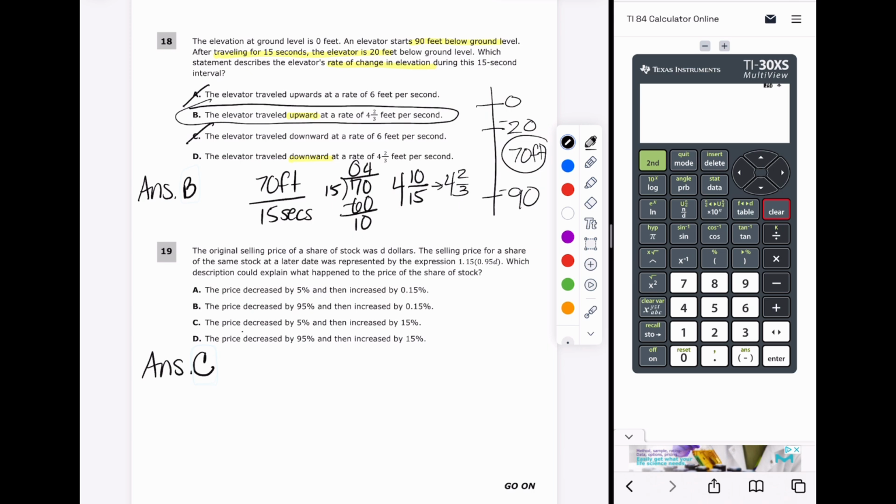Let's look at number 19. The original selling price of a stock was D dollars. That's the original price. The selling price for a share of the same stock at a later date was represented as 1.15 times 0.95D. Which description could explain what happened to the price of the stock?